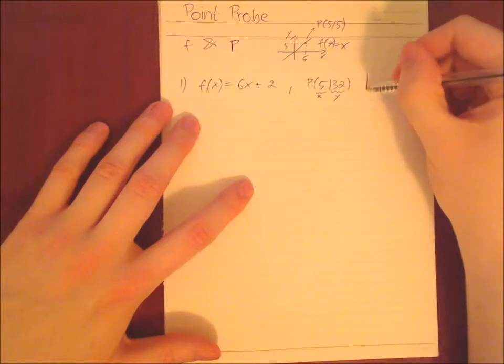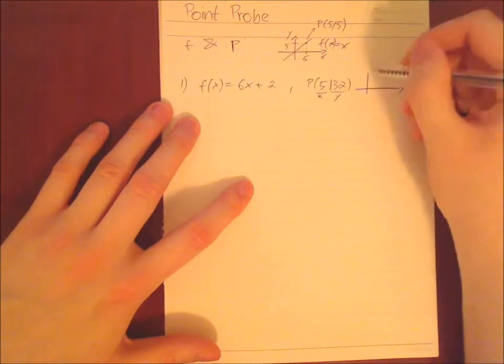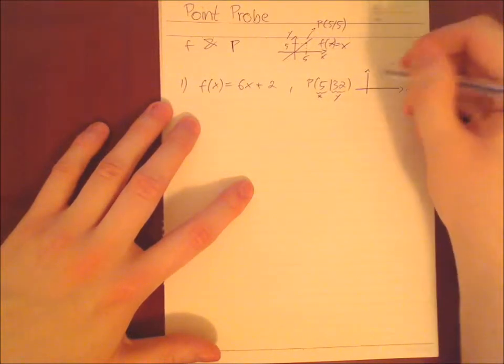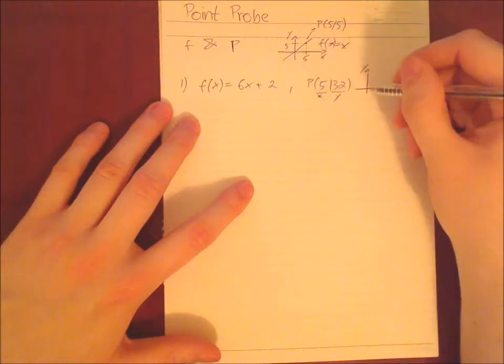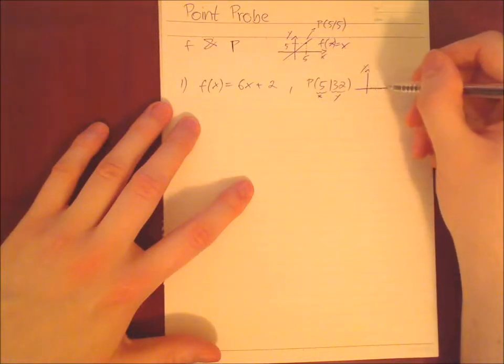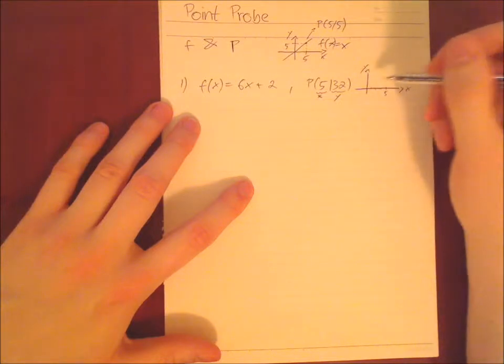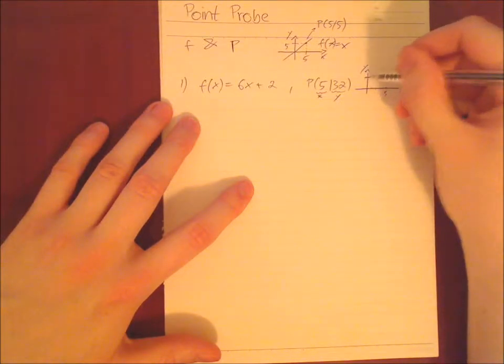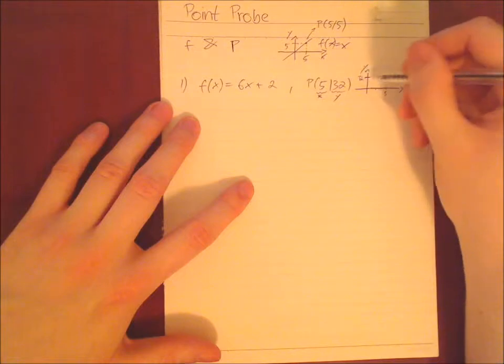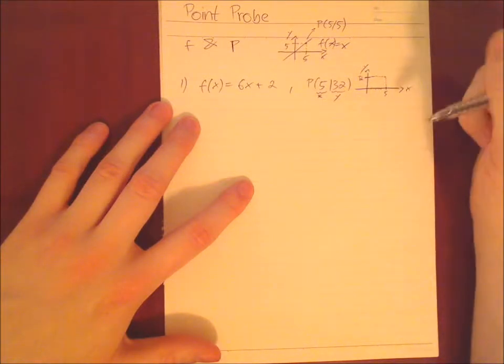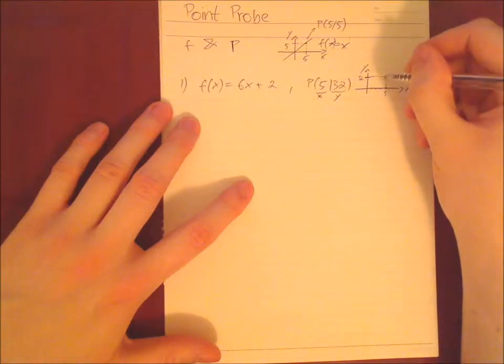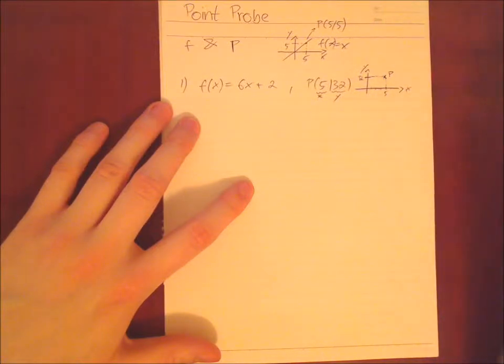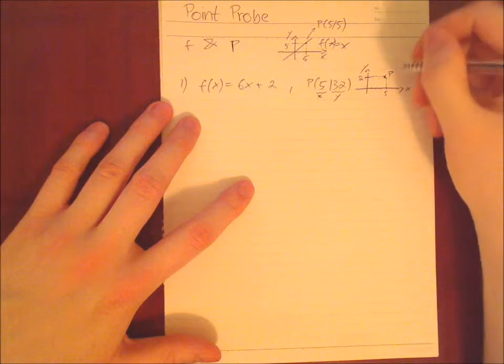If we want to draw it in a diagram with x and y, then 5 is x, and here is 32. This is where our point is. This is point p.